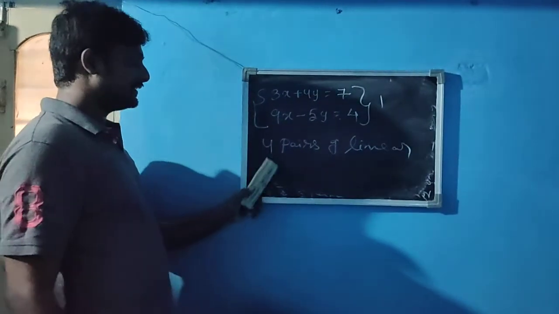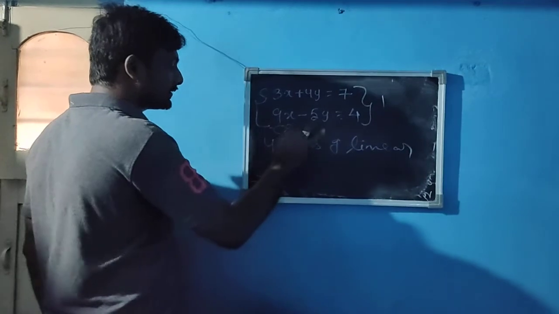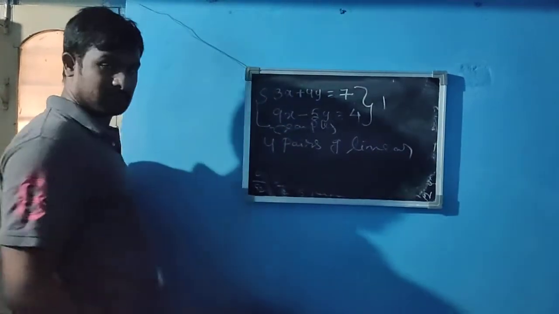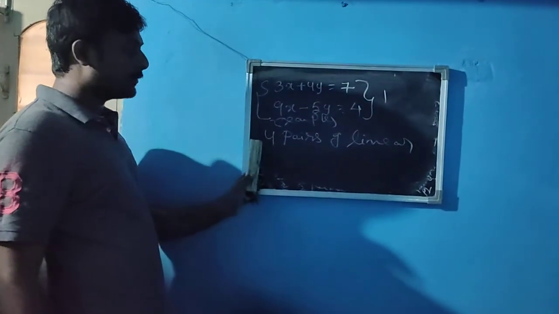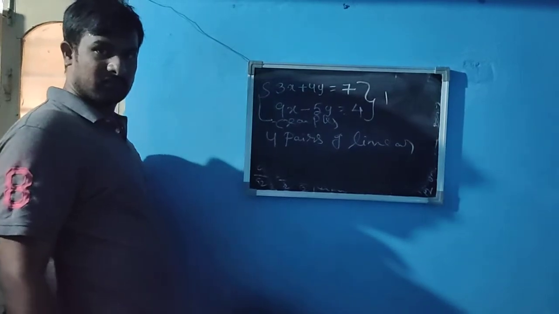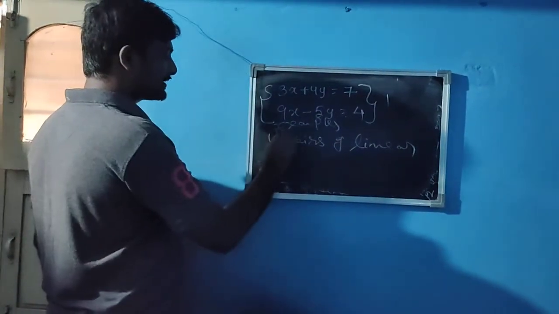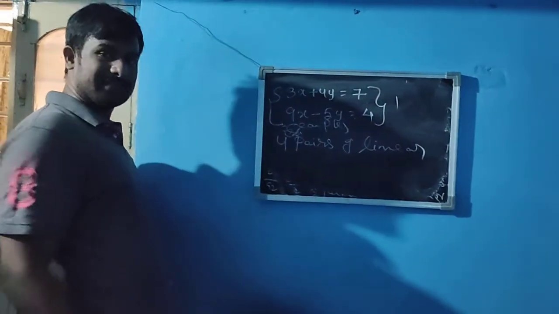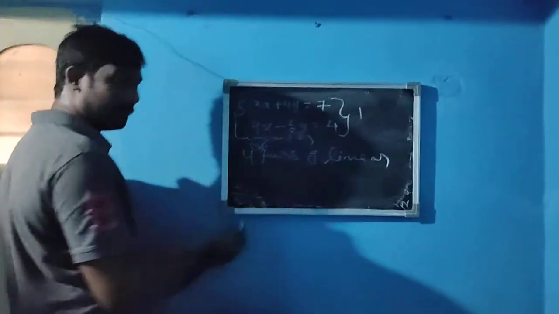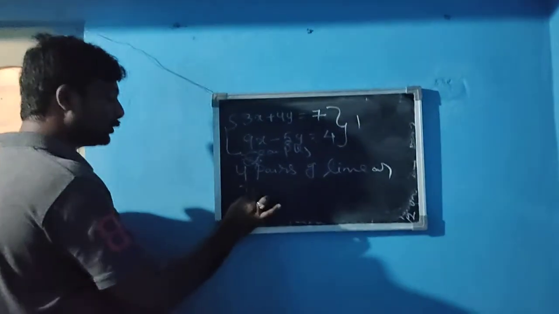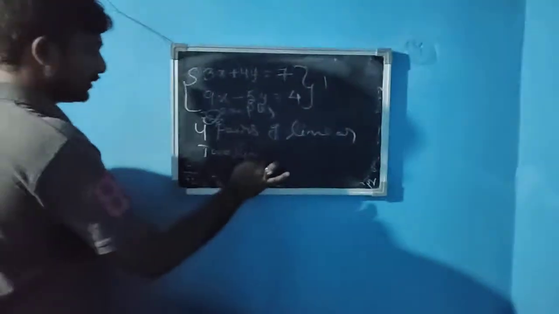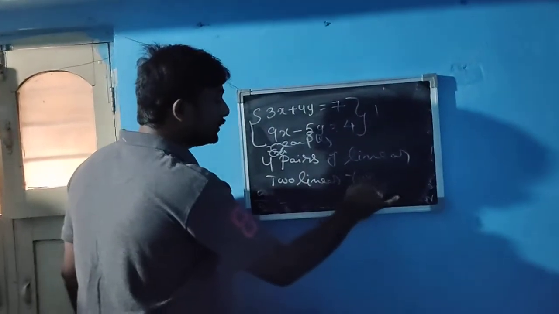You write at least 4 pairs of linear equations, 4 examples. Each example compulsorily has 2 linear equations, and how many variables? 2 variables.